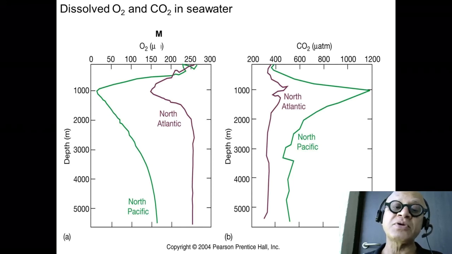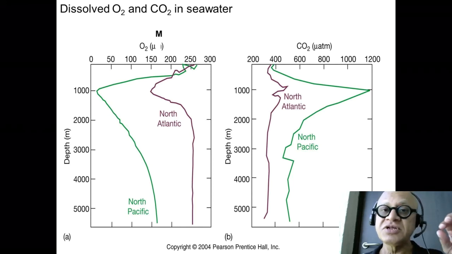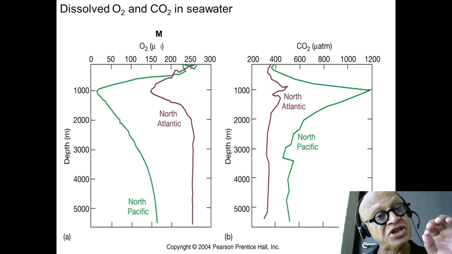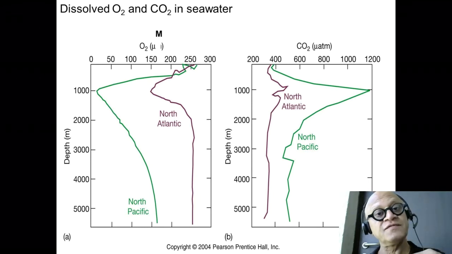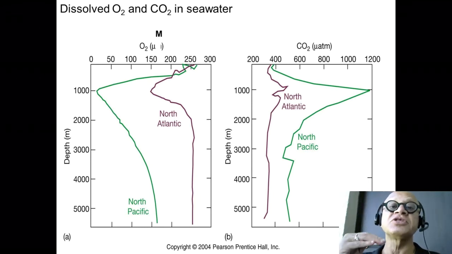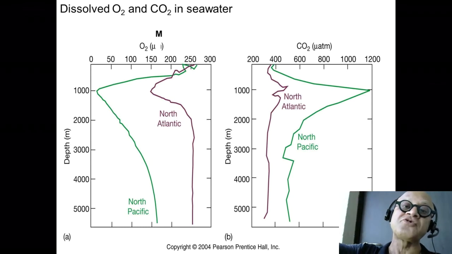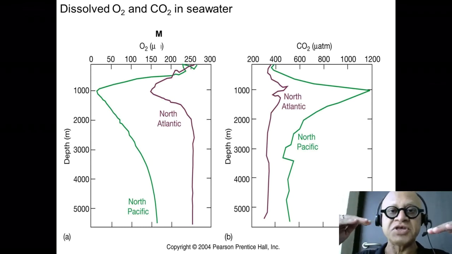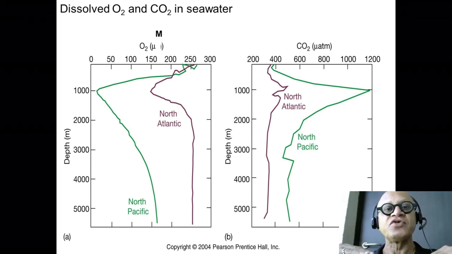As you go deeper, temperatures decrease and pressure increases. Obviously pressure increases, as opposed to the atmosphere, where as you go higher the pressure decreases. More and more water is being stacked on top of you as you go deeper.